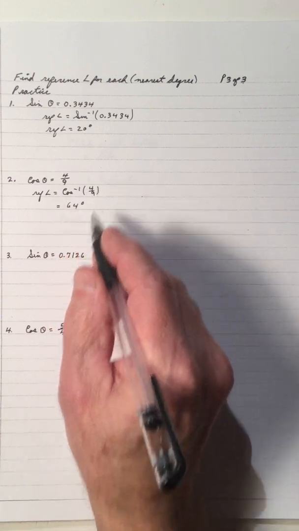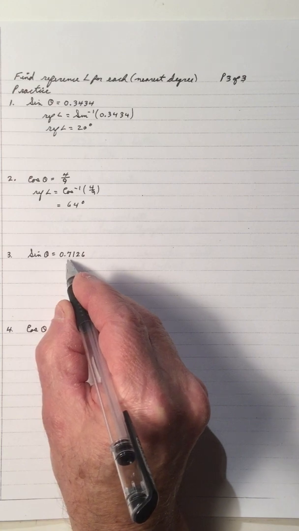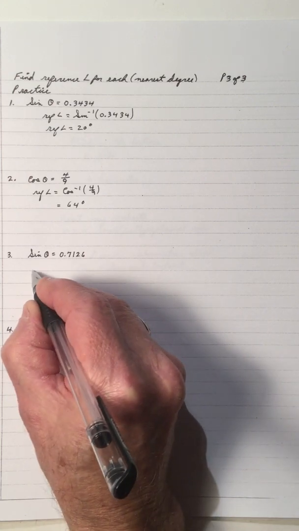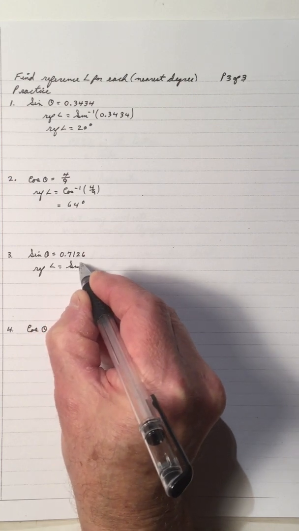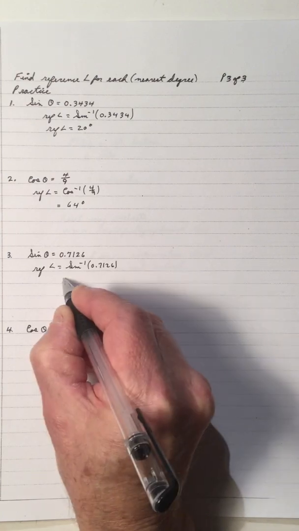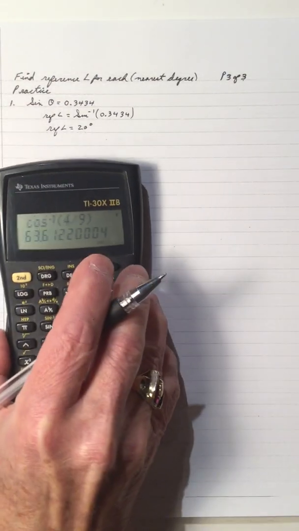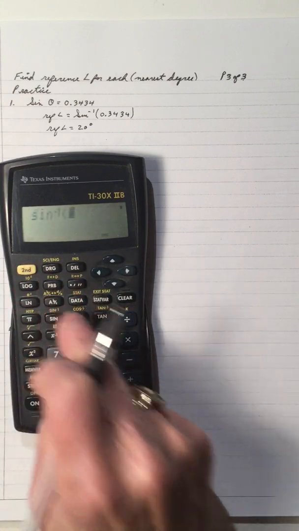And sine is 0.7126, so the reference angle is sine to the -1 of 0.7126, and use our calculator. Here we go, clear it. Inverse sine.